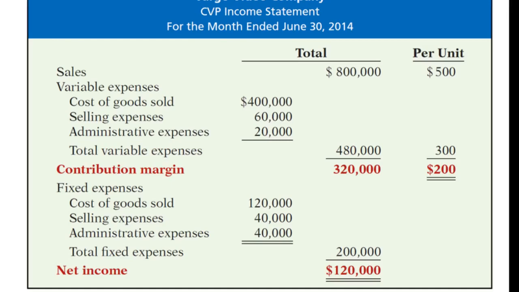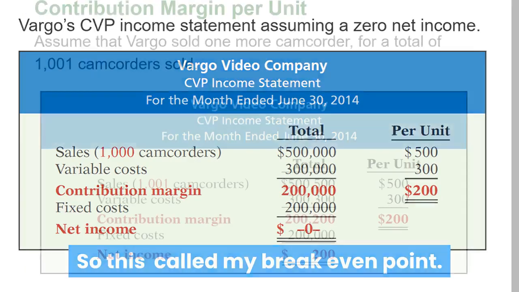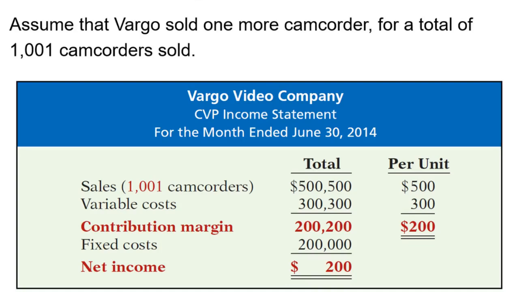I simply divide the contribution margin per unit into the fixed costs, and I get 1,000 camcorders. This is called my break-even point. And for the next unit I sell after I break even, I sell it for $500, $300 is set aside to cover my variable cost, $200 is contribution margin, but I no longer need to cover my fixed costs. Therefore, the $200 is profit.